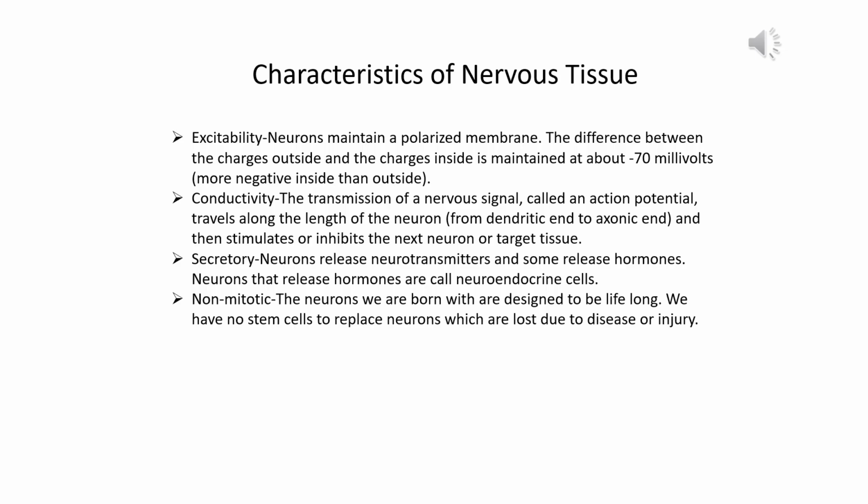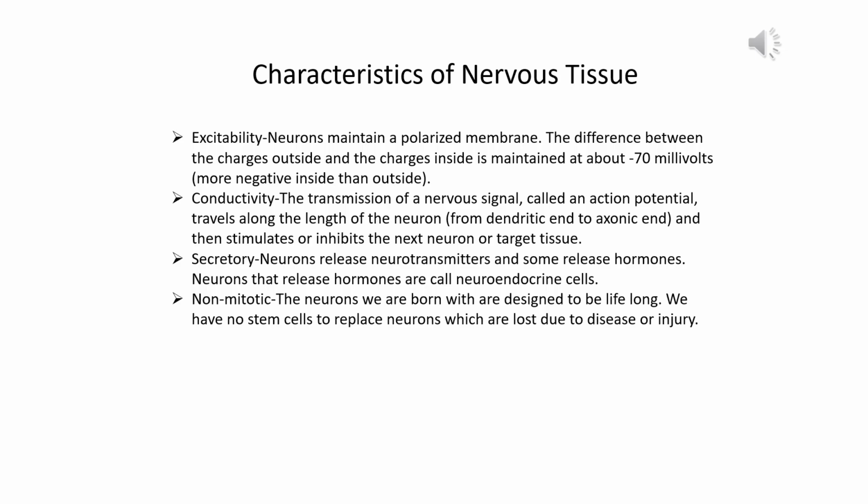Okay, secretory function. Well, this is interesting. Neurons, in addition to being excitable, in addition to having this conductivity, are known to secrete things. Well, we do know that they secrete chemicals that transmit the action potential to the next neuron or to the target tissue, so we just call those neurotransmitters.